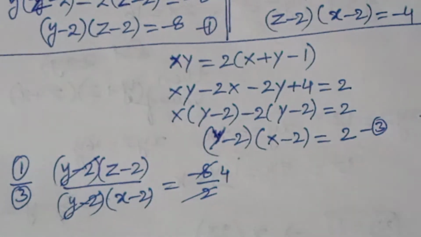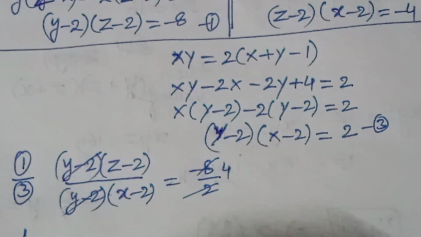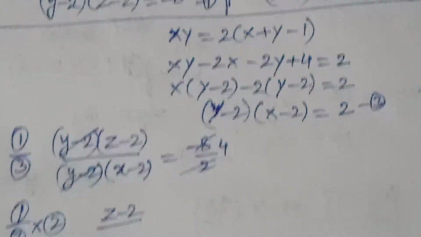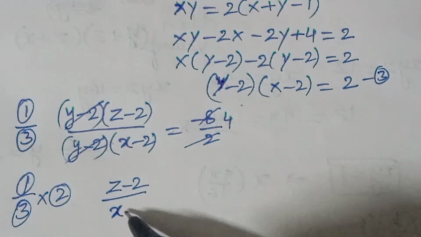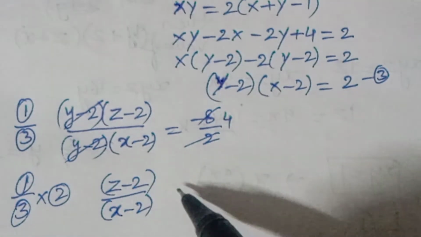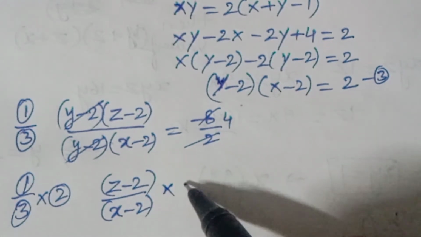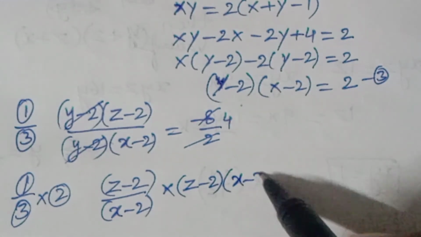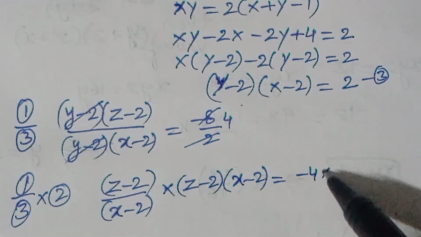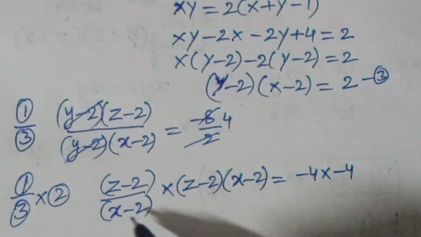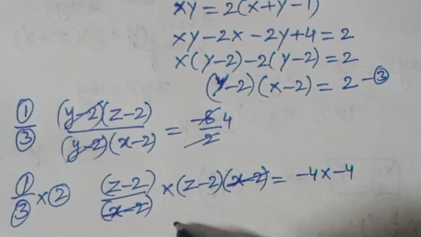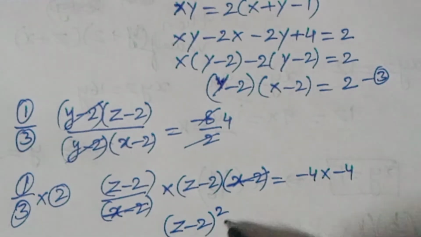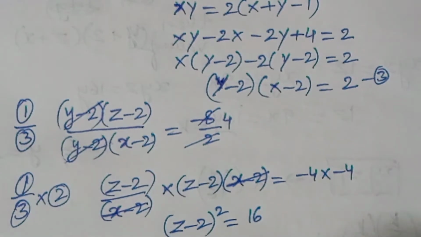So y minus 2 cancels. Now we multiply 1 by 3 with the second one, z minus 2 into x minus 2. So minus 4 into minus 4 we get, and x minus 2 gets cancelled. z minus 2 whole square is equal to 16.